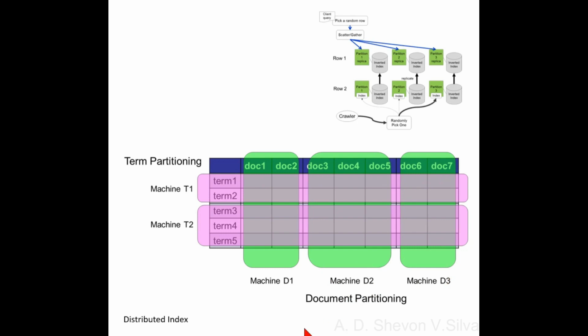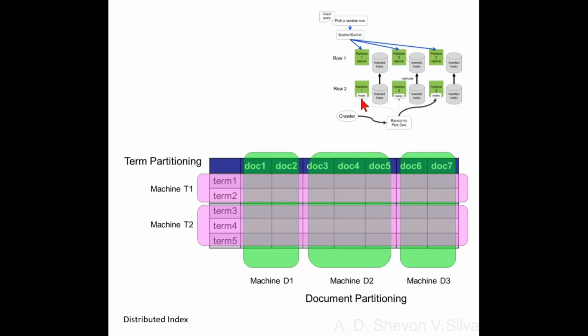This is about the distributed index here. And here you can see a client query picking a random row and scattering, and this is connected to partition 1 replica, partition 2 replica, partition 3 replica. Here you can see row 1 and row 2.